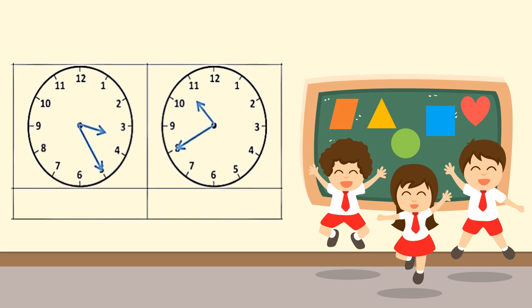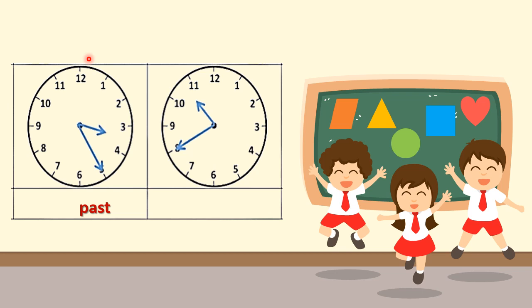Here, let's solve these examples together. Here, the long hand is on which side? On the past side. So I will write past. And now let's know the minutes. How to know the minutes?